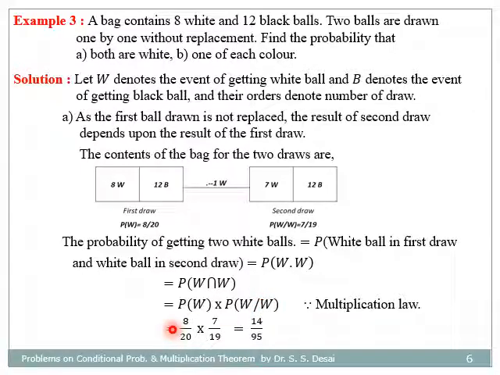So the probability of getting a white ball in the first draw is 8 by 20, and in the second draw is 7 by 19. So the multiplication is 14 divided by 95.